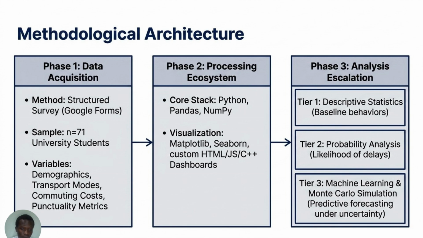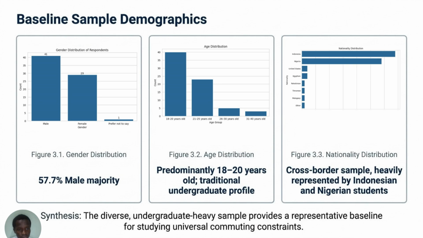The second one, we pre-process the data using Python, Pandas, and NumPy, and we visualize the data using Matplotlib, Seaborn, and custom HTML for making the dashboard. The analysis escalation has three tiers: descriptive statistics, probability analysis, and machine learning.